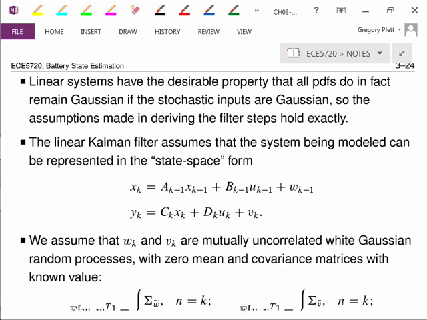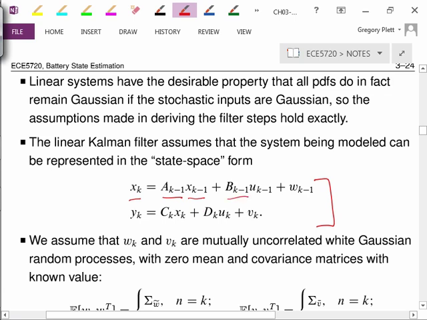The linear form means this. It means that my model looks like x_k is some A matrix, which may be time varying, so that's why it has a time subscript, times the previous state, plus some possibly time varying B matrix times the previous input, plus a process noise.